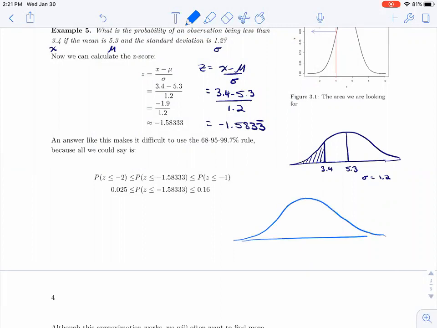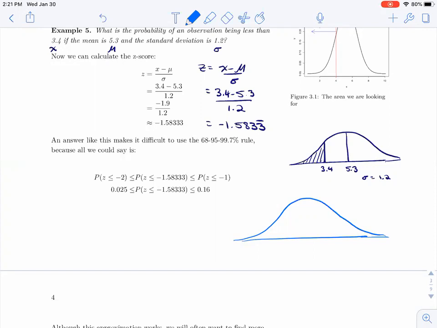Now we can redraw our normal distribution. You don't have to. This one's extra just to prove a point. Okay? So Z, right, what we're saying here is that an observation of 3.4 is a Z of negative 1.583 repeating.